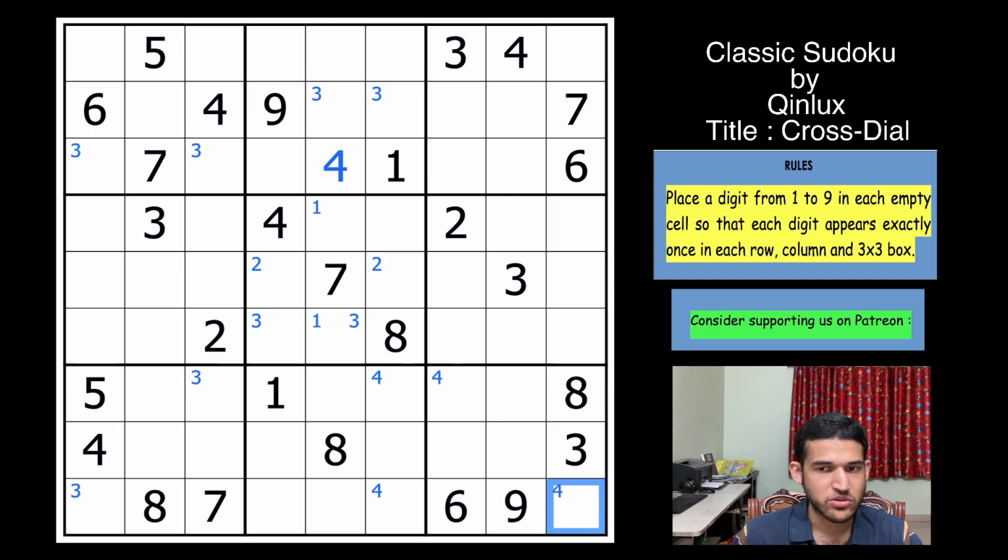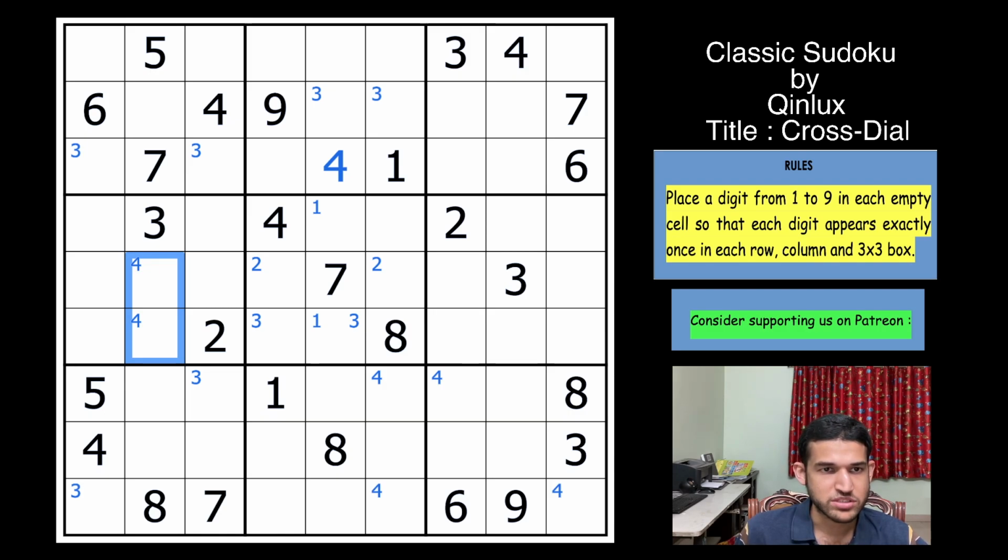Okay. 4 in column 2 has only this domino. And it has to go in one of these two cells. Okay, that's about it, I think.